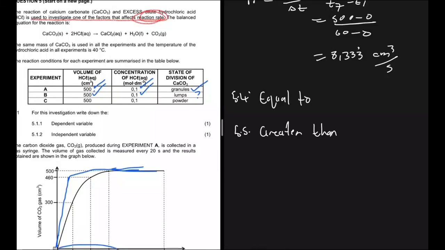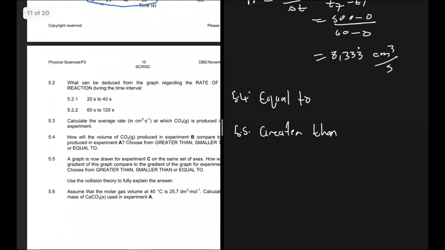So basically in experiment C, there is more surface area, and as a result of more surface area, we have more particles that are exposed, and then we'll have more effective collisions per unit time, and as a consequence, the reaction rate will increase, right?